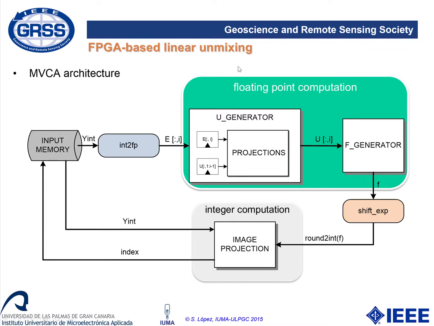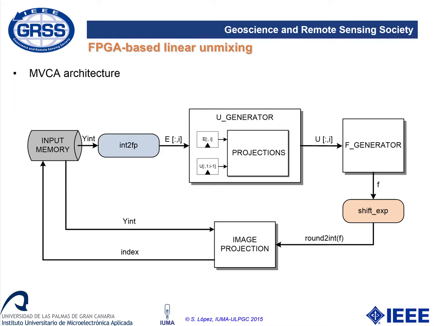And then we have these two blocks that are related to the computation of the f vector, and this is done in floating point, but the projection, because of the reasons that I mentioned before, is done in fixed point precision.